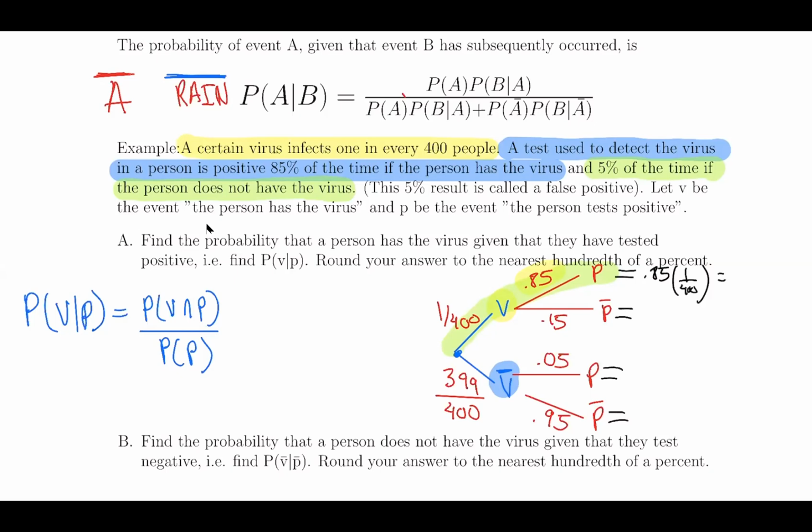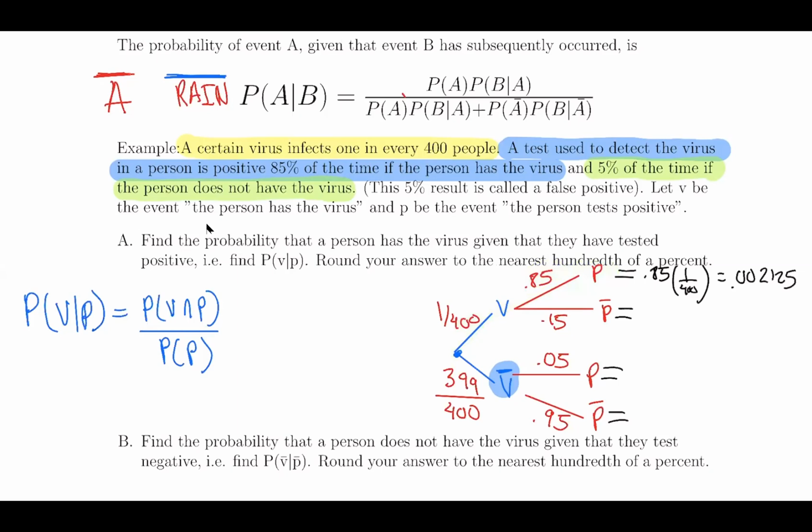So 0.85 times 1 divided by 400, and you get 0.002125. All right, so that's that first branch.